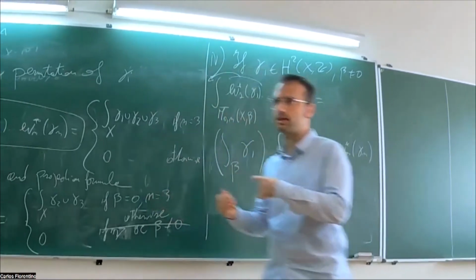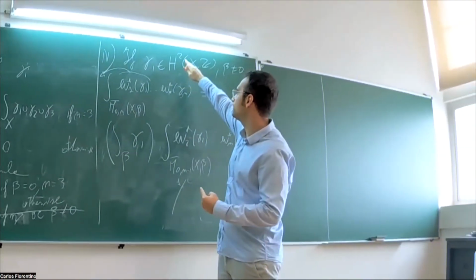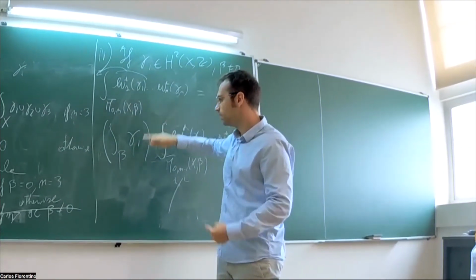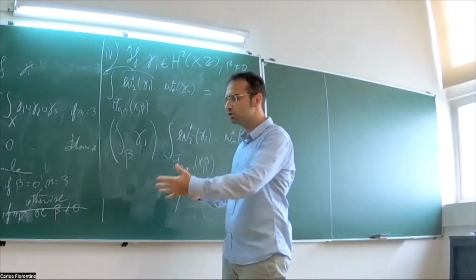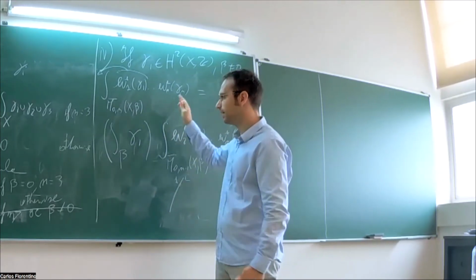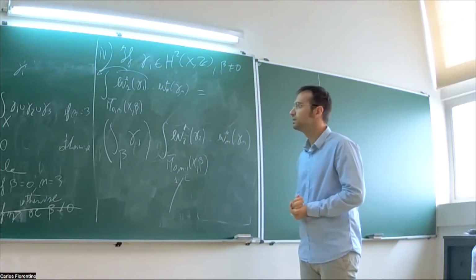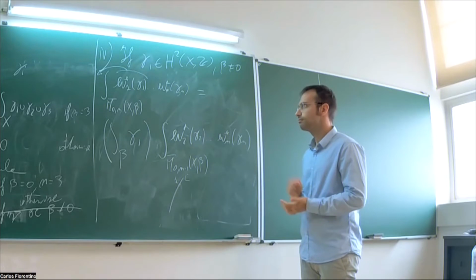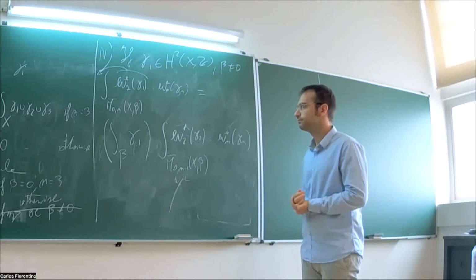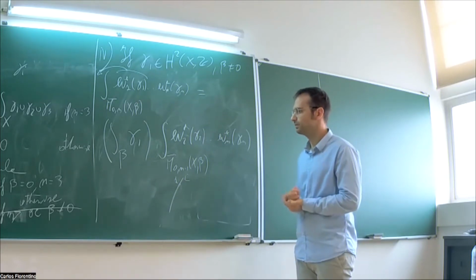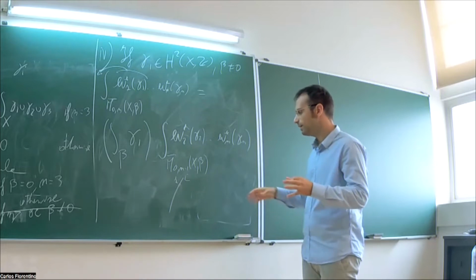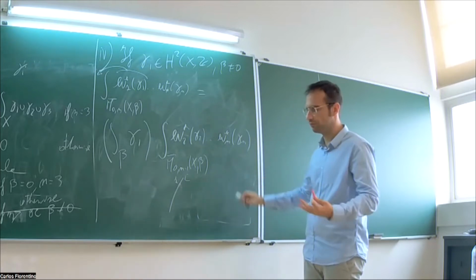Because consider that since this is a Q, the image of every curve will meet gamma 1 in some sense. More or less. Not completely true, but the geometric intuition is very helpful.